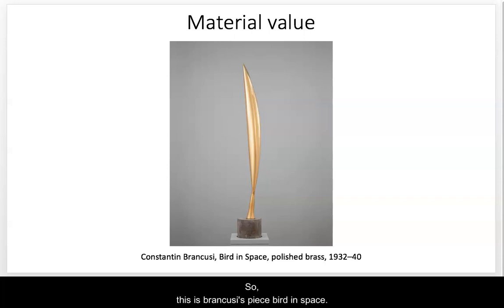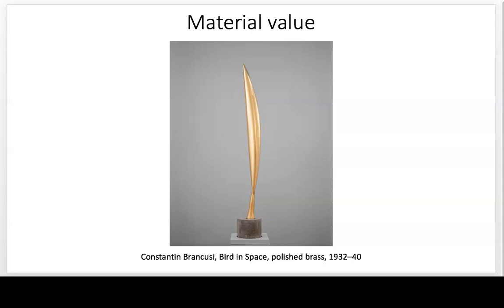This is Brancusi's piece, Bird in Space, and it's a piece from 1932 when the world of art was changing quite a lot and what was considered art was changing. And so, funnily enough, at this time, Brancusi was moving this piece across the border, and the customs officials did not believe it to be art. It was not art to them.